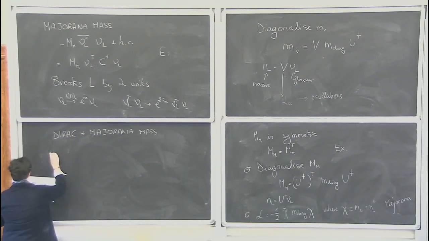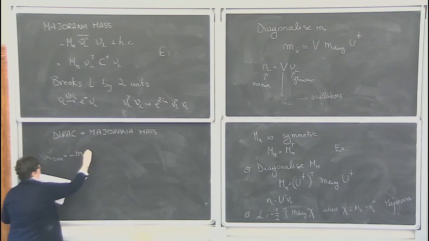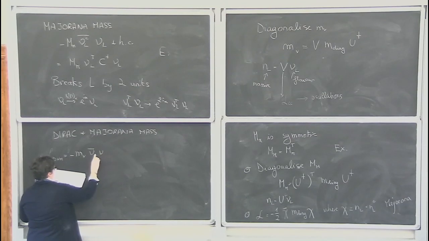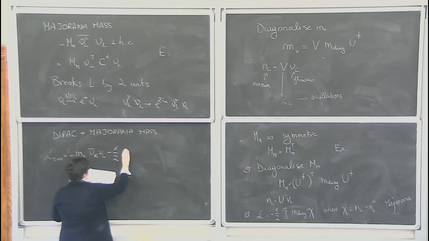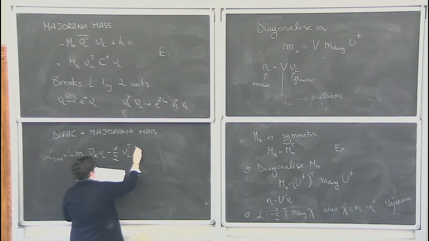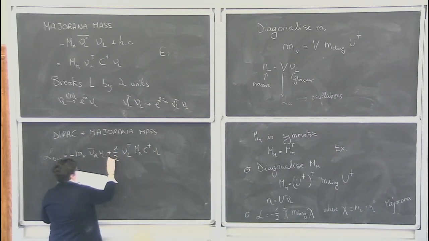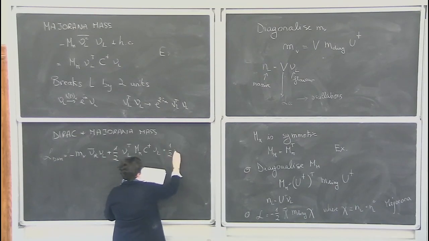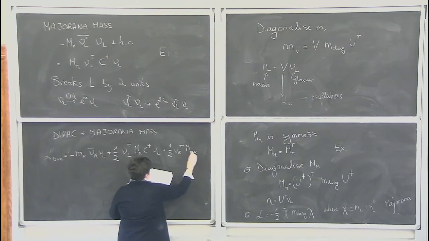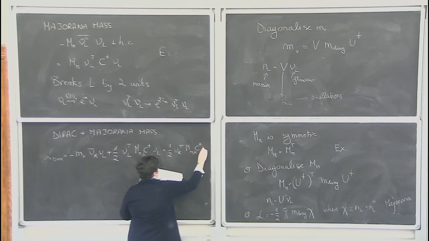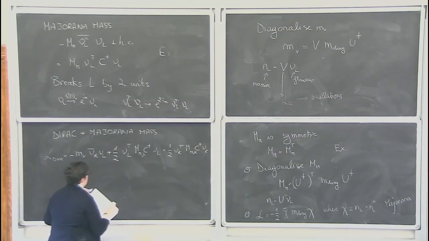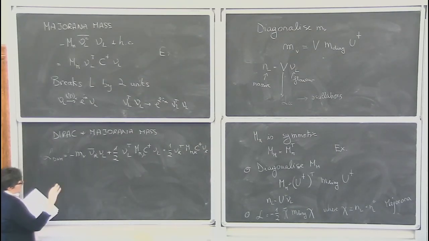So my full Lagrangian will contain the terms minus m ν left bar ν right, minus 1/2 ν left T m_L c dagger ν left, plus 1/2 ν right T m_R ν right, plus the Hermitian conjugate of this. So this is my full Lagrangian.